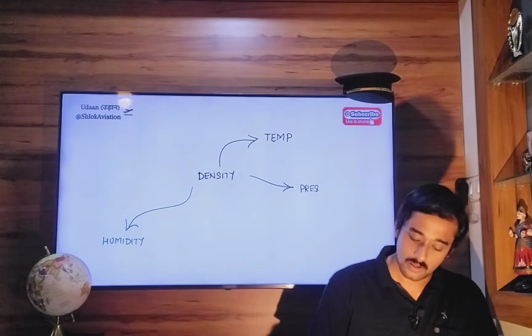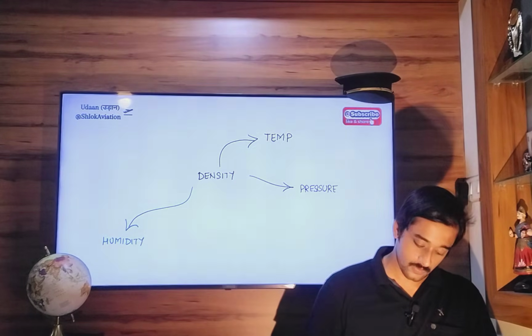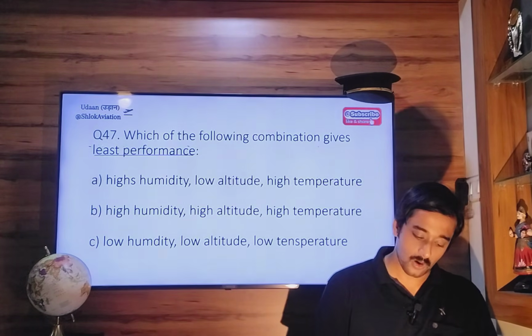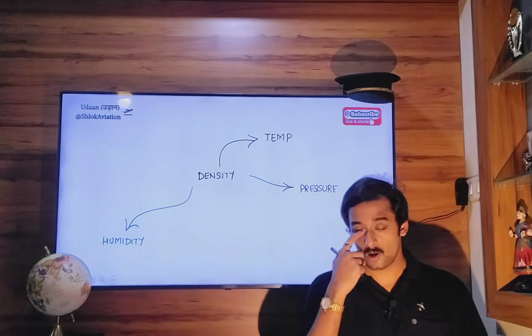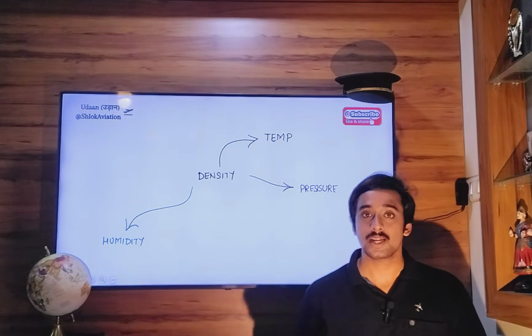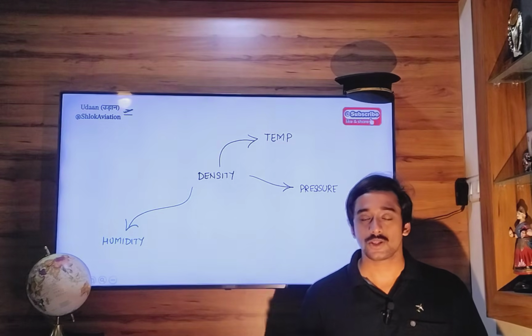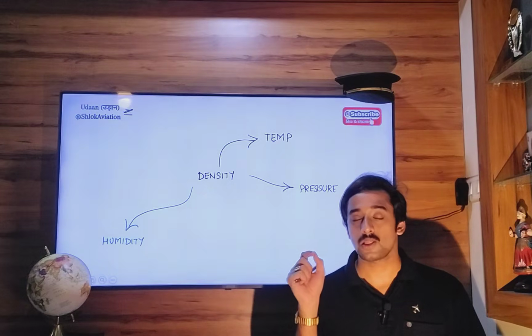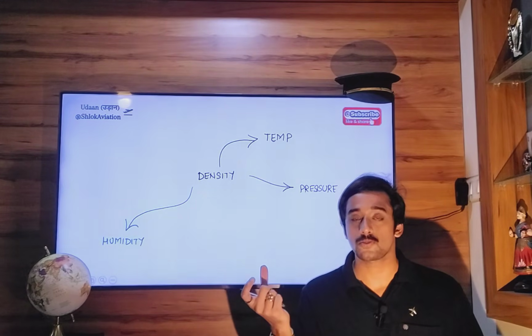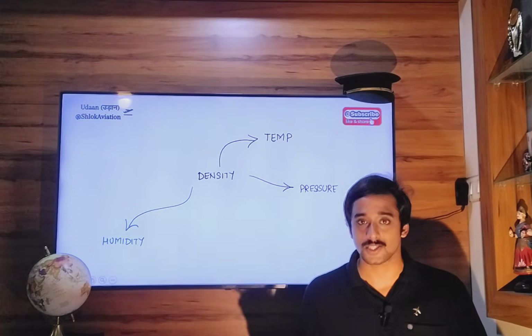So least performance will be given by low density or less density air. When the density of air is very little, the air will be thin, and this thin air will not enable the engine to produce high power output or high thrust.